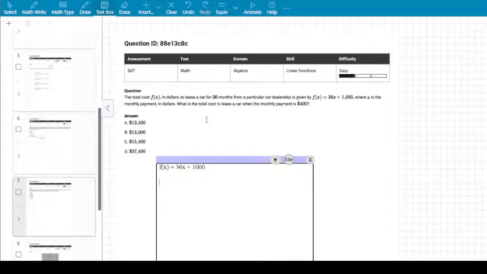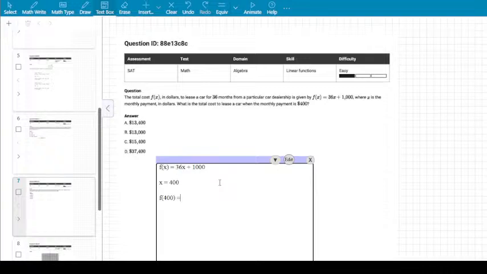So this is the total cost of car leasing for x monthly payment. So now for this case the monthly payment is already given, that is the value of x, which is 400. So let us put that in the expression.